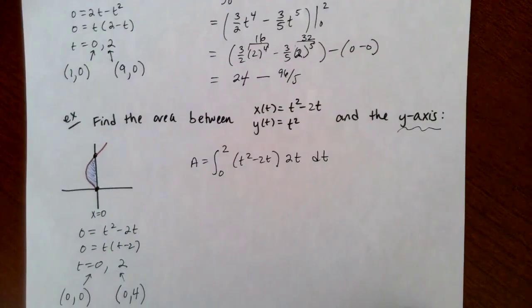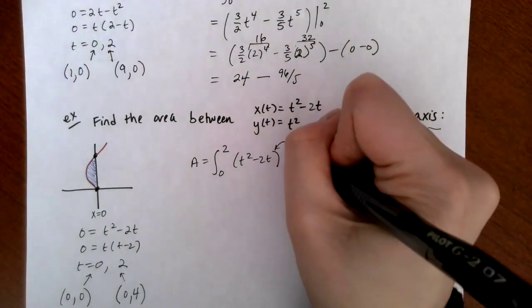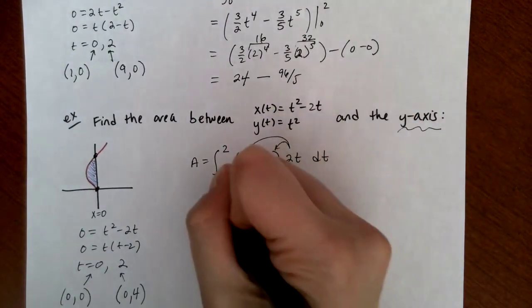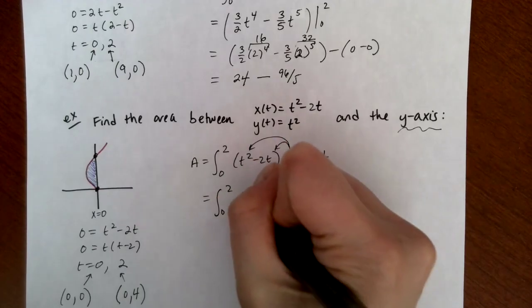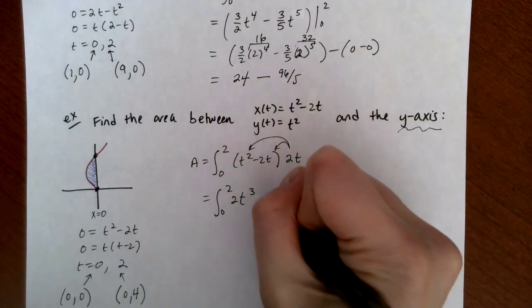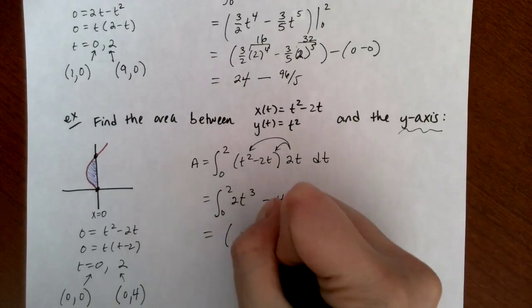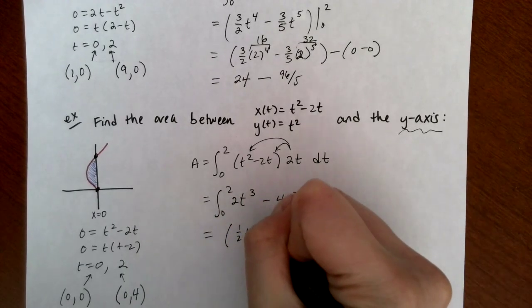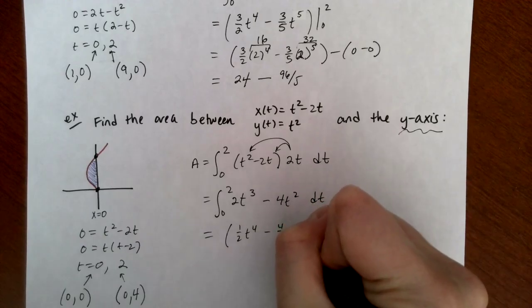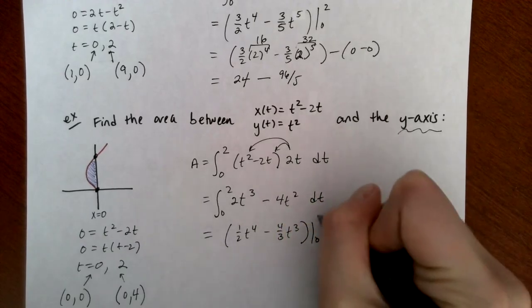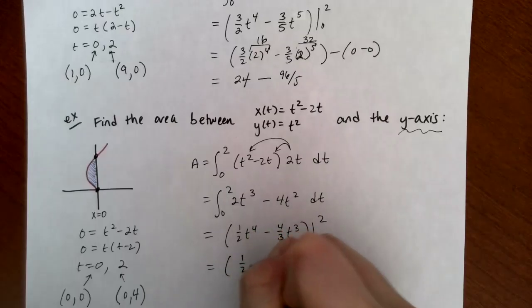And we'll compute this very similarly as the other one. Distribute the 2t in. 2t cubed minus 4t squared. Antiderivative. Plug, plug, subtract.